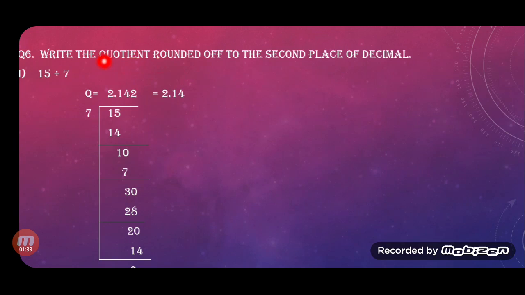So you will find the quotient up to 3 places of the decimal. So 2 is a whole number, 0.142. And now quotient is 2.142. Second place is 4. It means you will see this right side number, it is 2. It is less than 5. So what you will do? You will not change any number of the rounding off number, and the rest of the digits you will drop. So answer will be 2.14.